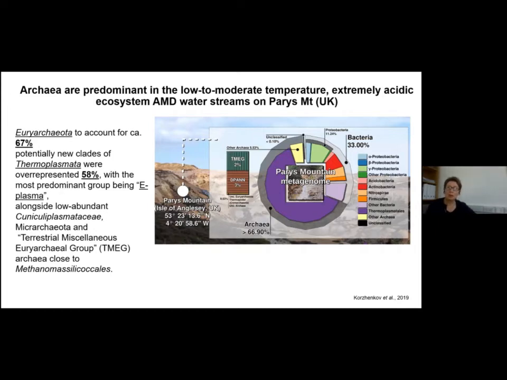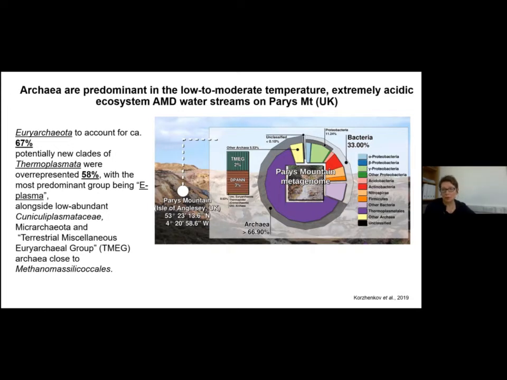We found that about 67% of reads were attributed to the domain Archaea, with 58% of reads which were associated with Thermoplasmata, with one particular group of E-plasma actually shown to be in dominating number.